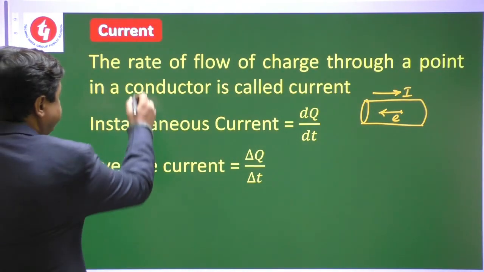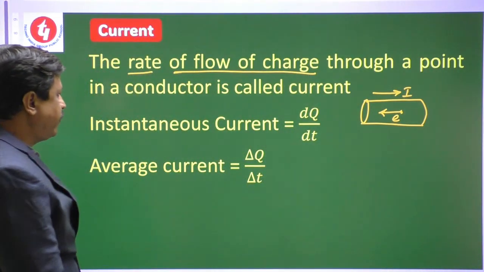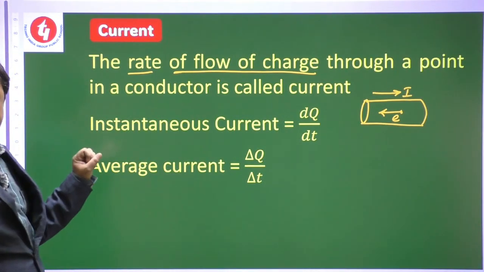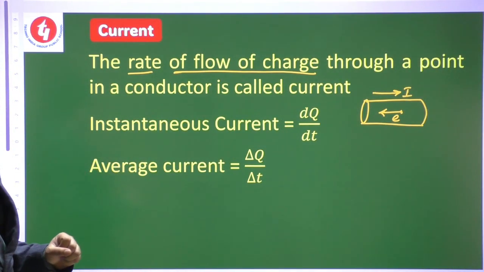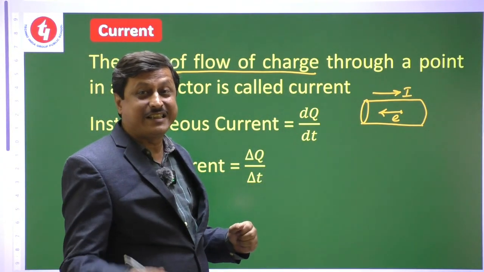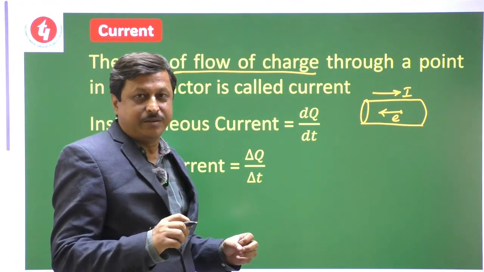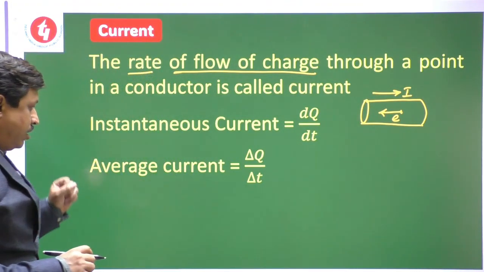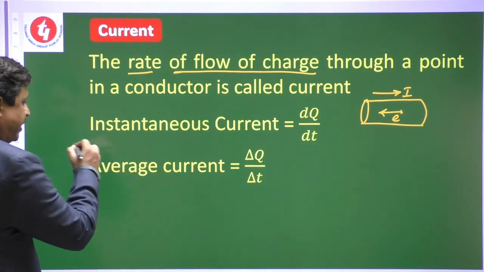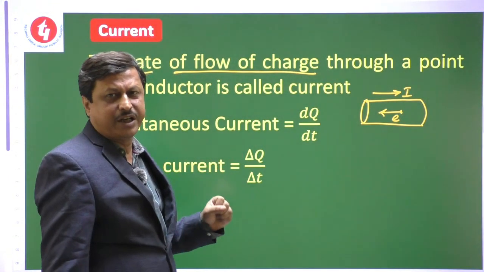Rate of flow of charge. It is measured by two quantities. Instantaneous current is equal to dq/dt, like instantaneous velocity and average velocity, which you know from class 11. And average current is delta q by delta t, that is the total charge flowing through the conductor divided by the time interval.